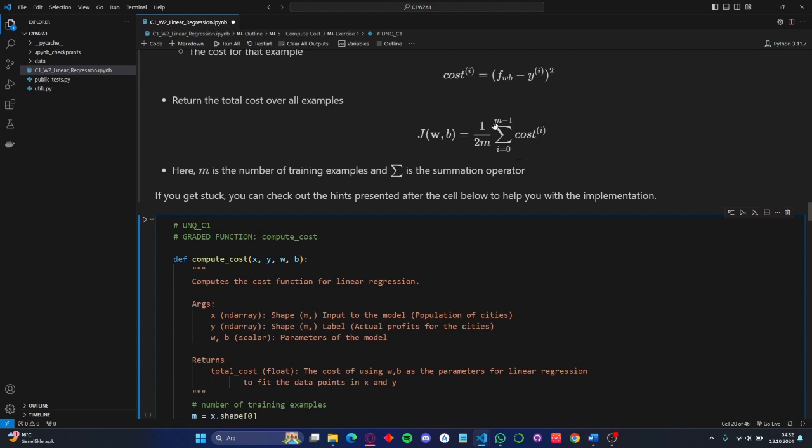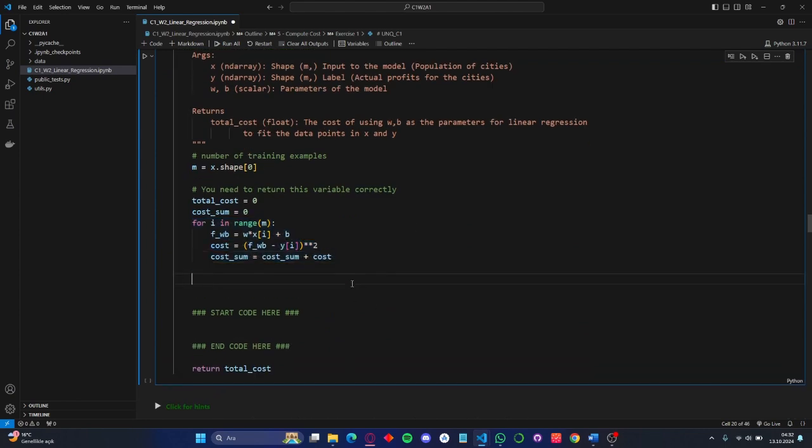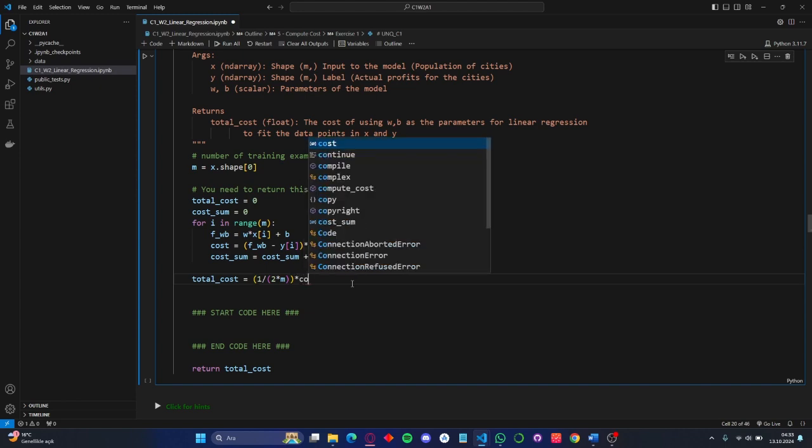We have to multiply by 1 divided by 2m. So after that, total cost equals 1 divided by 2m times cost.